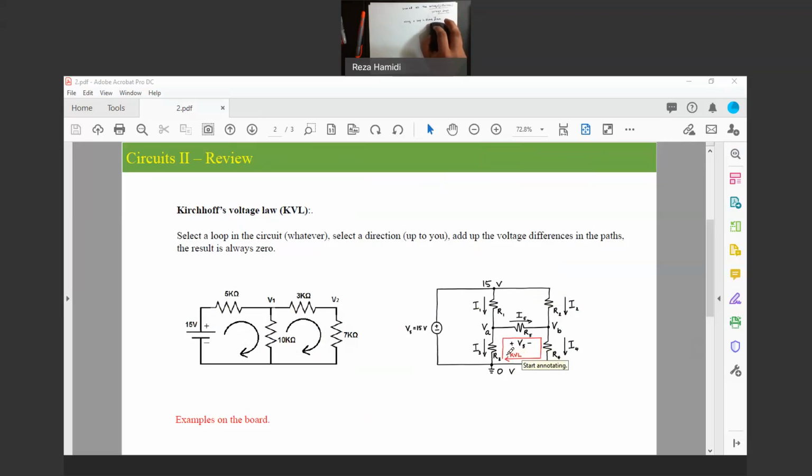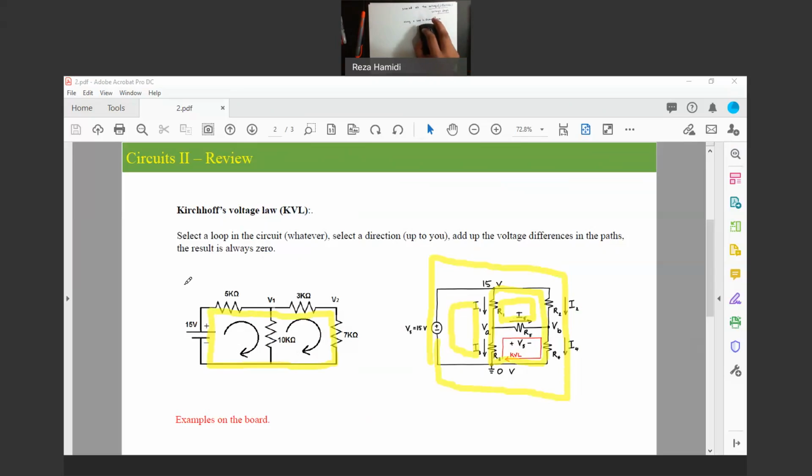If you sum up the voltage across this resistor, that resistor, and this resistor, it's gonna be zero. If you consider another loop here and sum up all of those voltages, still it's gonna be zero. A loop here, a loop here, or in this one, a loop can be like this. If you consider that, it's gonna be zero.